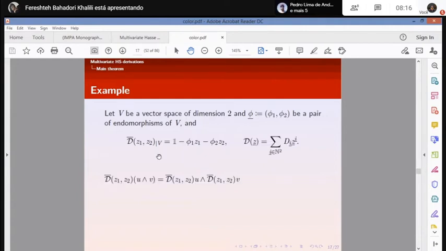Then if U and V are any vectors in V whose wedge is not 0, and we apply D bar on U wedge V, then by the definition of D bar we get this, and if we substitute the values, we get this.